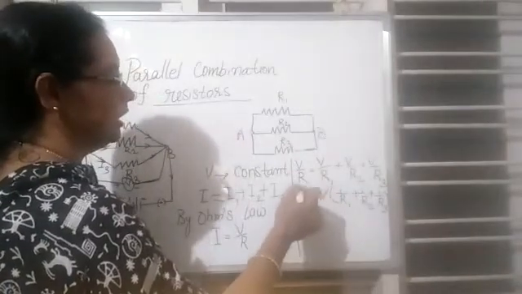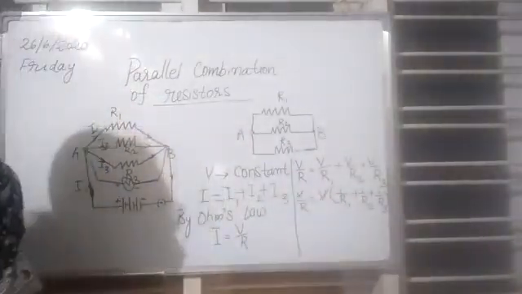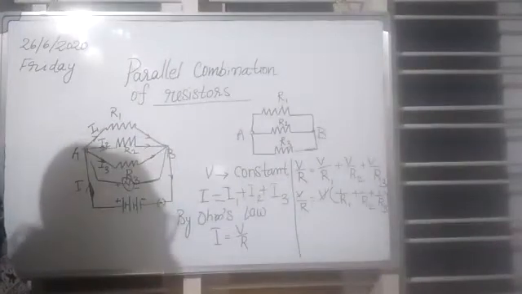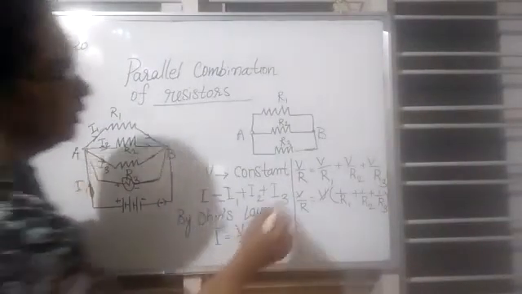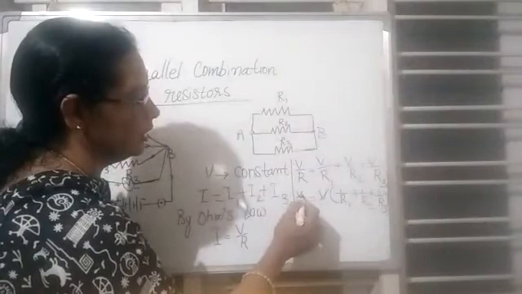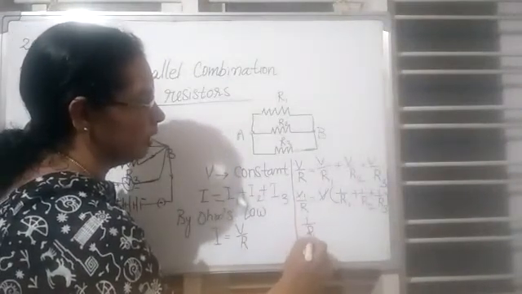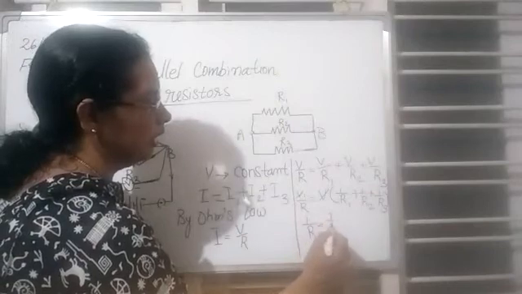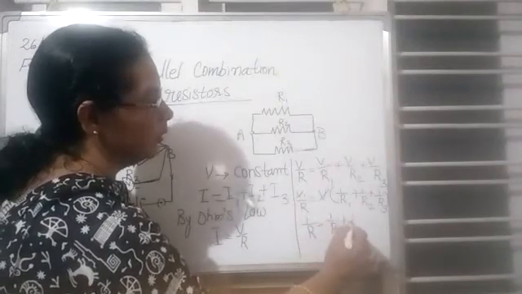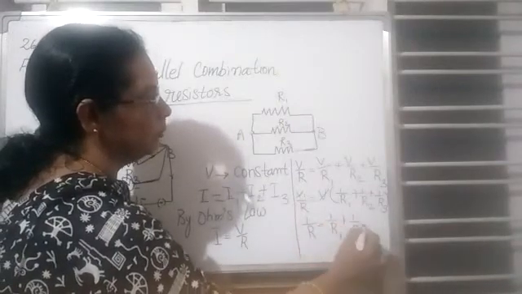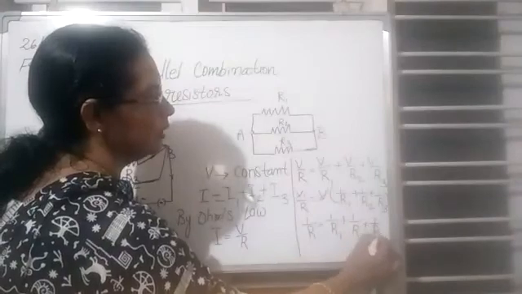That is V, and V cancels, common for left and right hand side. So here if we cancel, it is not 0, it is 1 here. So 1 by R equal to 1 by R1 plus 1 by R2 plus 1 by R3.